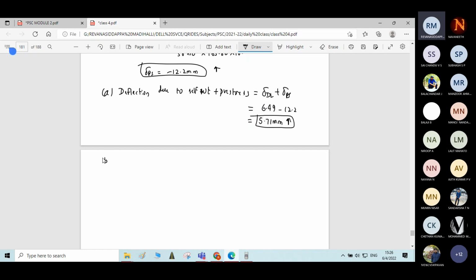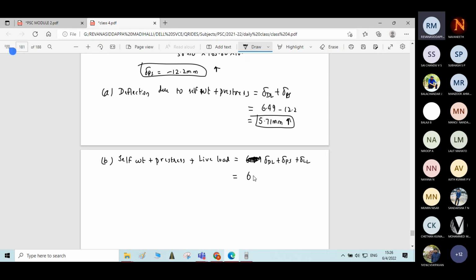Second question, self-weight plus prestress plus live load. That's nothing but delta dead load plus delta PS plus delta live load.